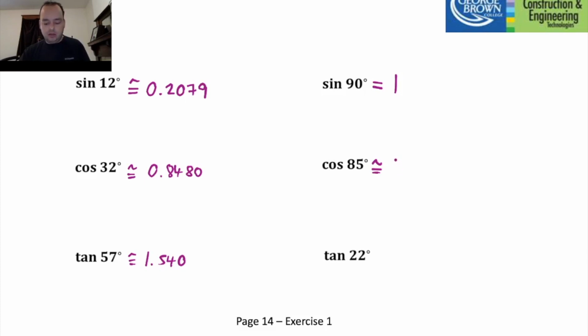Okay, back to these calculations. This one's pretty small. Cos of 85 is 0.8716. There we go. And finally, tan of 22 is 0.4040.